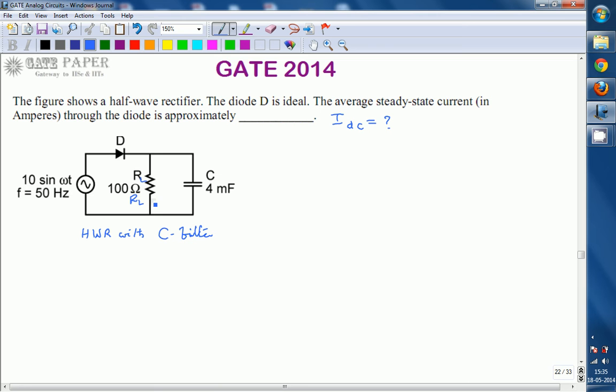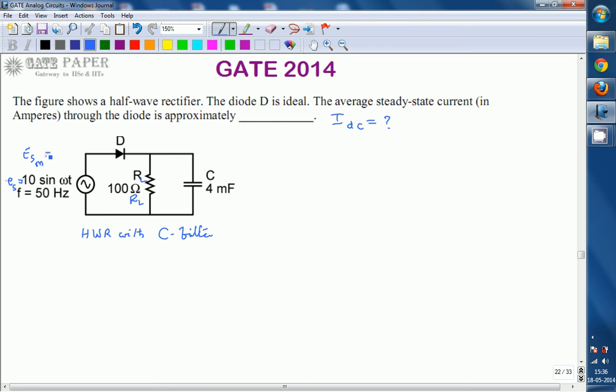The input signal we are applying is 10 sin omega t. We assume this source signal is ES, equal to 10 sin omega t. The 10 is the maximum value of the source signal, so it is specified with capital letters, ESM.